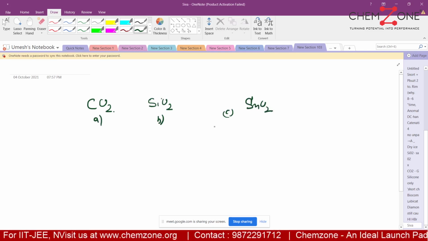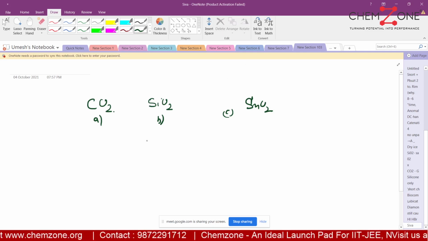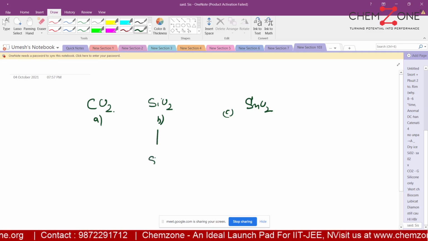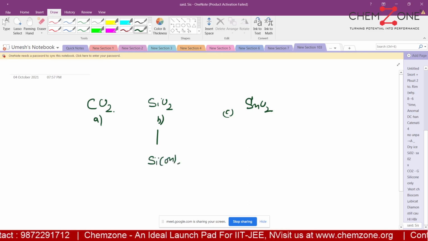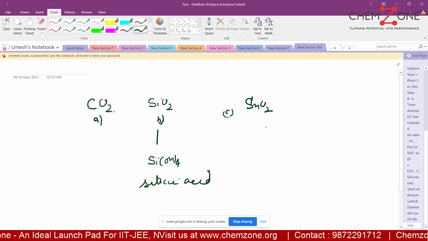Among these three, which is amphoteric in nature? Silicon dioxide will give you silicic acid, Si(OH)4, and carbon dioxide will give you carbonic acid.